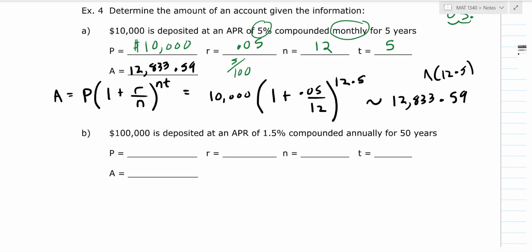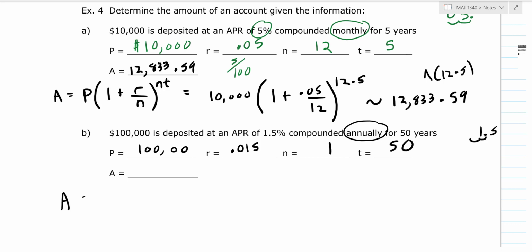All right, next problem is exactly the same idea. This time, let's say that we have lots of money and we're just going to throw $100,000 into this account. Again, the 1.5, you want to move the decimal to the left two, so that'll be 0.015. Compounding annually is 1 time. That just means you do interest every year, then for 50 years, okay?